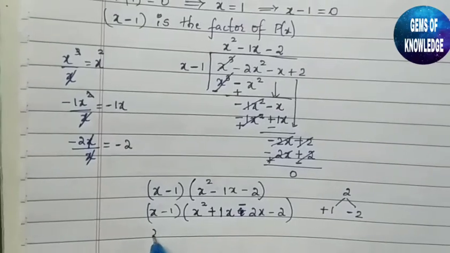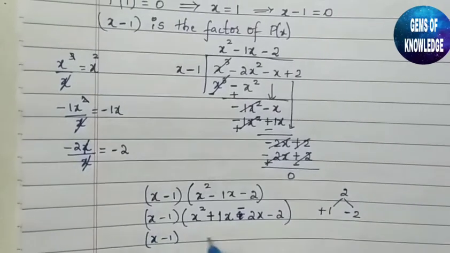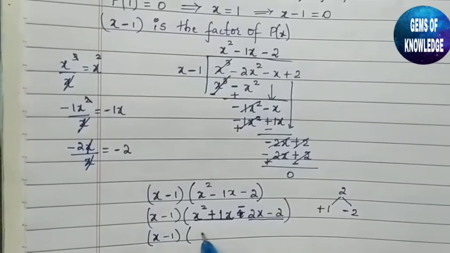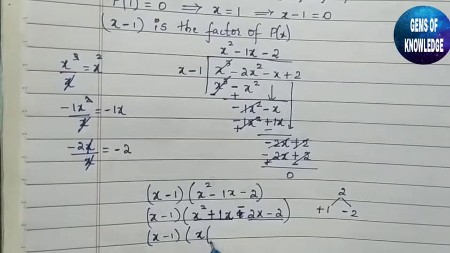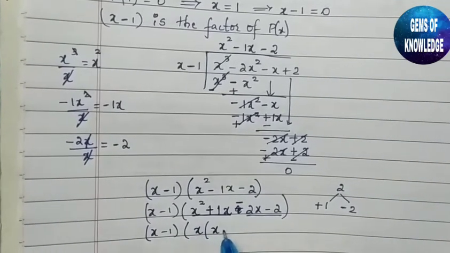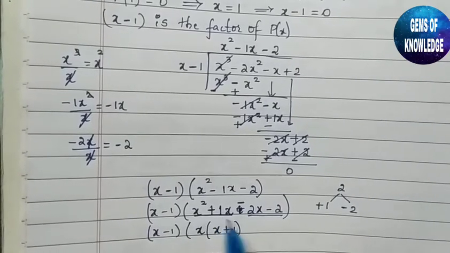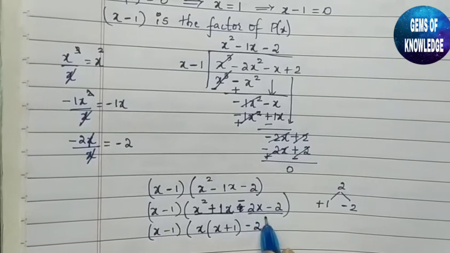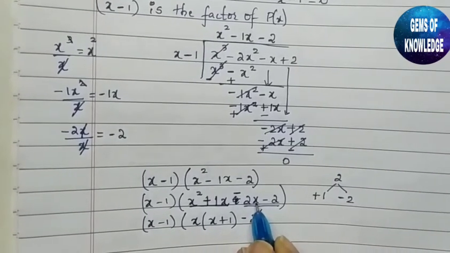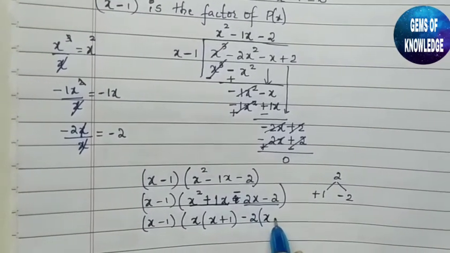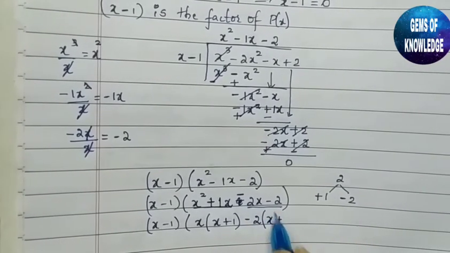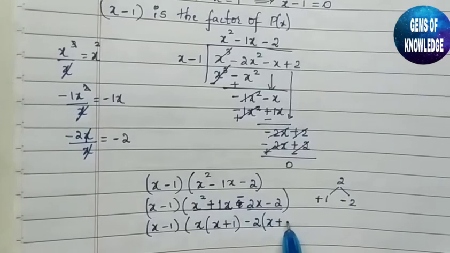Okay, so what we are getting, x minus 1 will be as it is and we need to group these terms. So x I will keep common here and what will be remaining, x plus 1 will be remaining, and here minus 2 will be taken outside, and what is remaining here, 1x is remaining, and here plus, because minus into plus we will get minus.